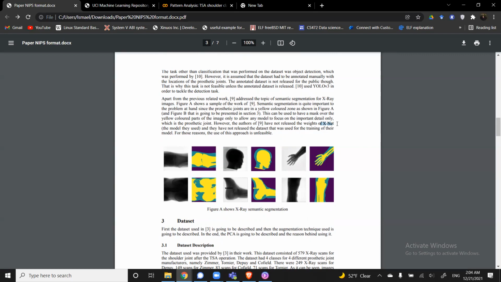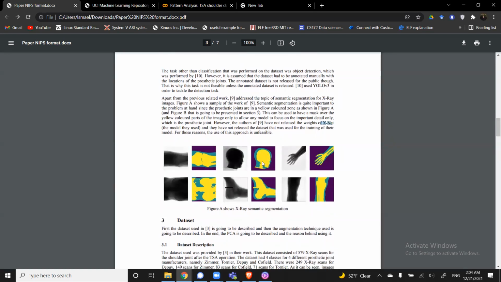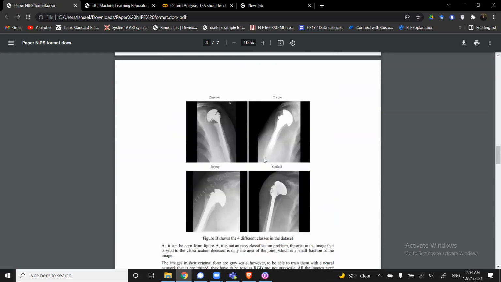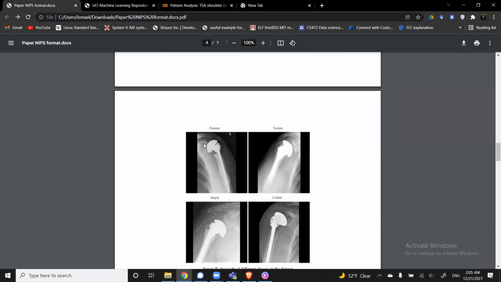So how can we benefit from that? We can use that semantic segmentation to give us this yellow filter over the prosthetic joint, because normally the only area we're interested in is this yellow labeled area right here. For example, in the images down here in the dataset, we're only interested in the area of the prosthetic joint itself for the classification. We're not interested in this black frame of the X-ray, or the bones, or any random printing on the X-ray itself, such as this one.